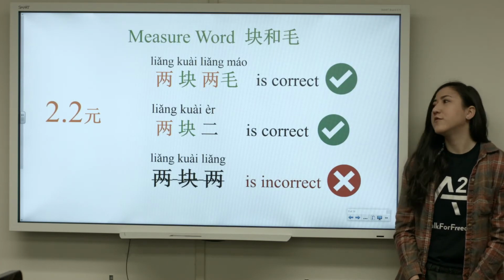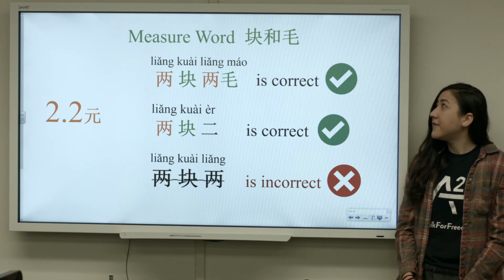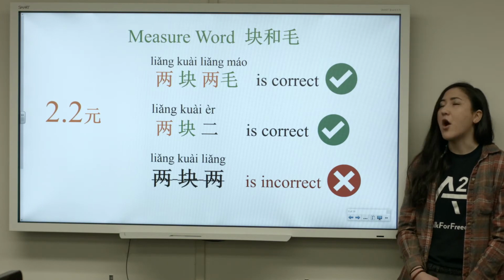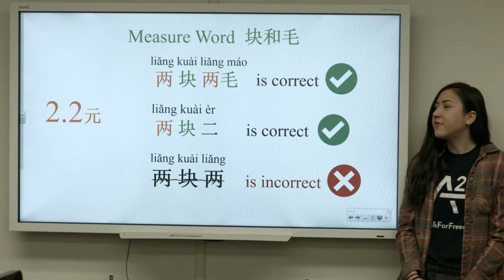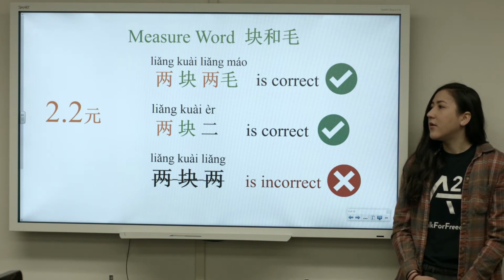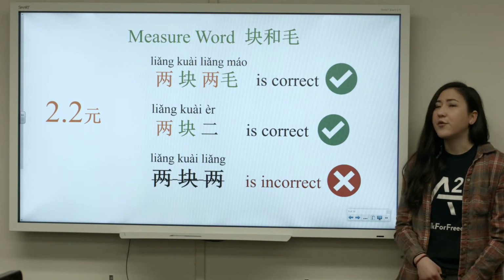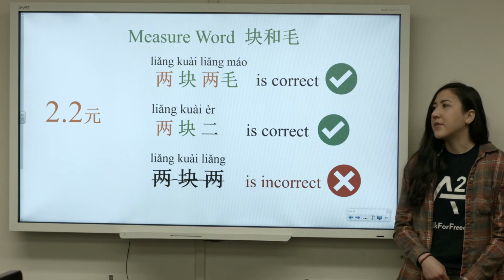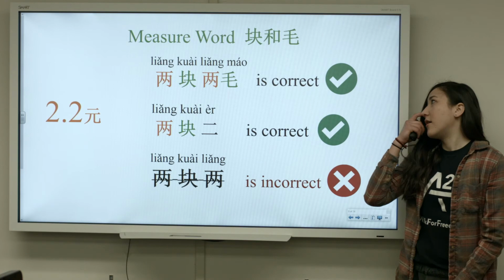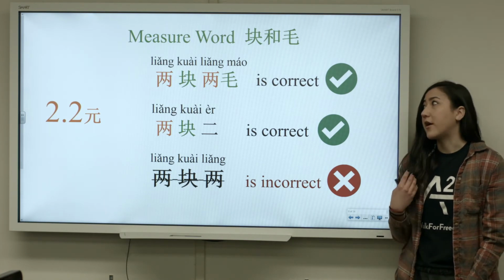In a past lesson, you've learned about liang and how to use it. So to remind you, in this case, just with money, like kuai, mao, and fen, they kind of act as measure words. So when using liang, it has to be followed by a measure word. Otherwise, you can't say it. If the smallest unit is 2, like this number, if you're using liang to demonstrate that, it has to be followed by a measure word.